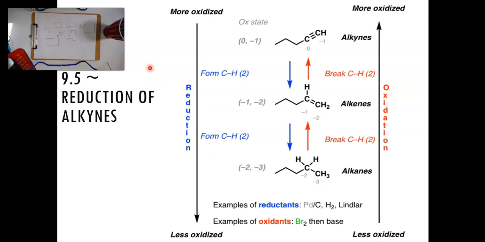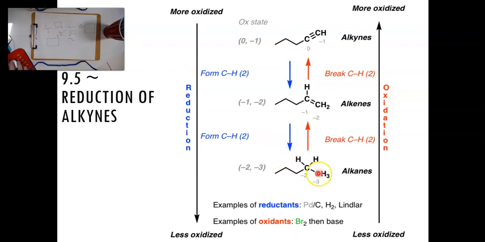But before we look at that, I want to look at how we use the words reduction and oxidation in organic chemistry. We know from Gen Chem that in order for something to be reduced, something else has to be oxidized. But in organic chemistry, we only care what's happening to the carbons. So when we use the word reduction or oxidation, it's referring to what's happening to the carbon.